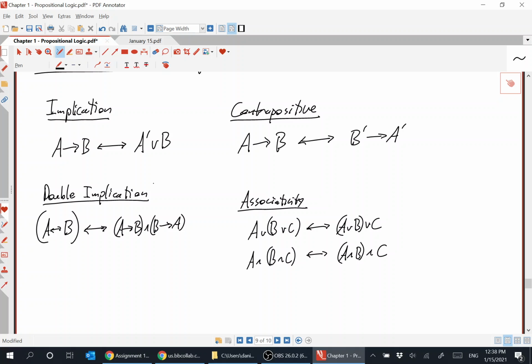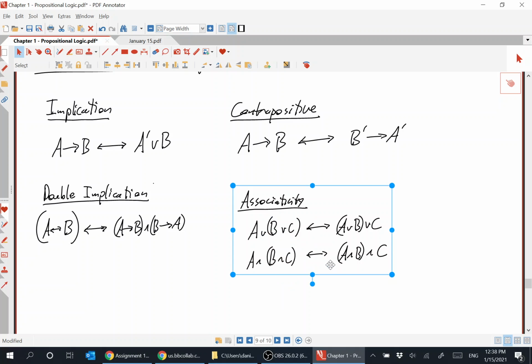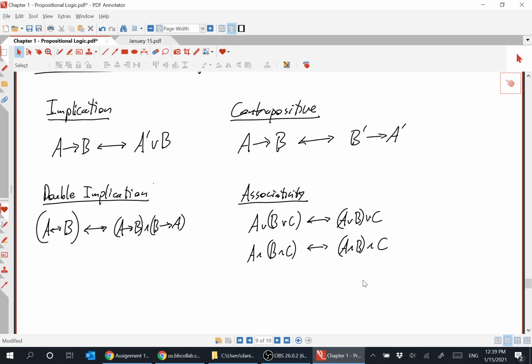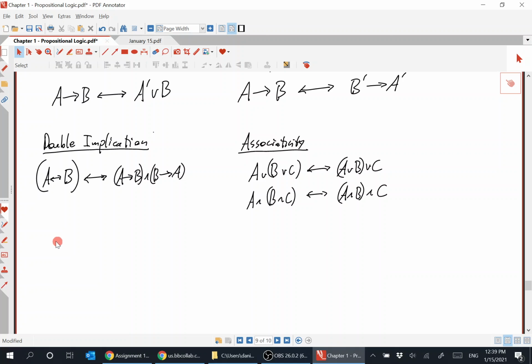Now, all of these tautologies require proof. You actually have to prove all of them. So we're not going to. I mean, some of them are just really obvious. But yes, we'll do a couple. Associativity, okay, so this one is totally obvious.